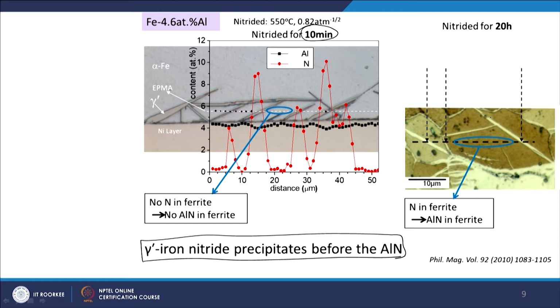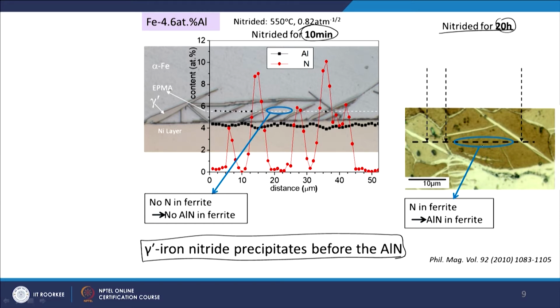Now, if we nitride it for a longer time, for example 20 hours, and make the same EPMA line measurements, this is the iron nitride and this is the ferrite matrix in between. Here one sees a lot of nitrogen being observed, as compared to the earlier case where it was negligible.